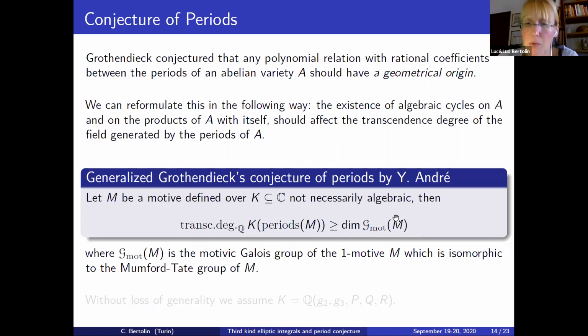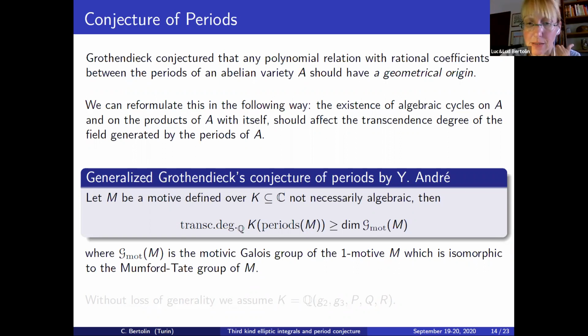The motivic Galois group of M is a very complicated group, but its role is to fix algebraic cycles. In the case of 1-motives, the motivic Galois group is really isomorphic to the Mumford-Tate group, and perhaps the Mumford-Tate group is better known.